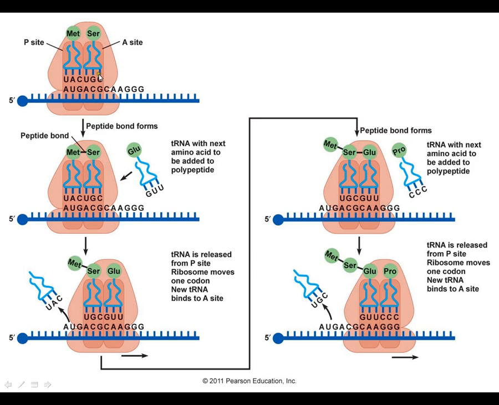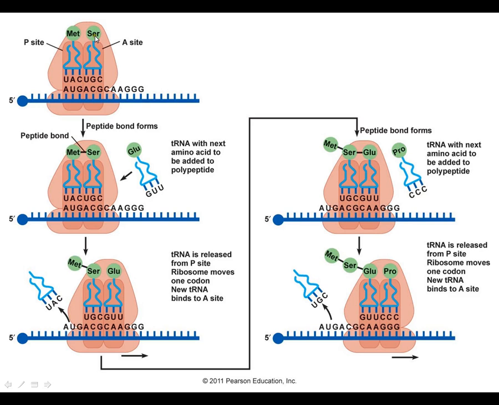So here we have our tRNA molecule. The tRNA is made up of this light blue squiggly, an amino acid attached at the top, and a corresponding codon. So in our codon chart that we just looked at, UGC would code for serine.